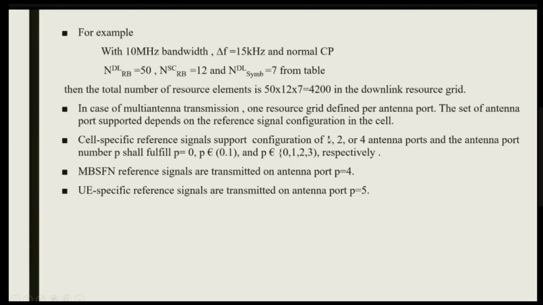If it is one antenna, it should have antenna port 0. If there are 2 antennas, port 0 or 1 should be there. If there are 4 antenna ports, then the antenna port number p should satisfy 0, 1, 2, 3 respectively.